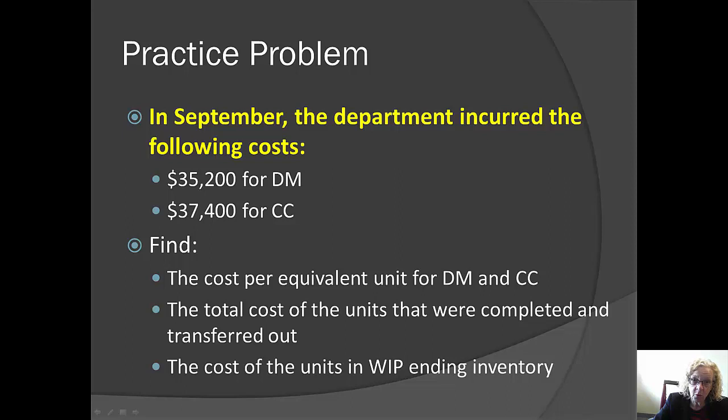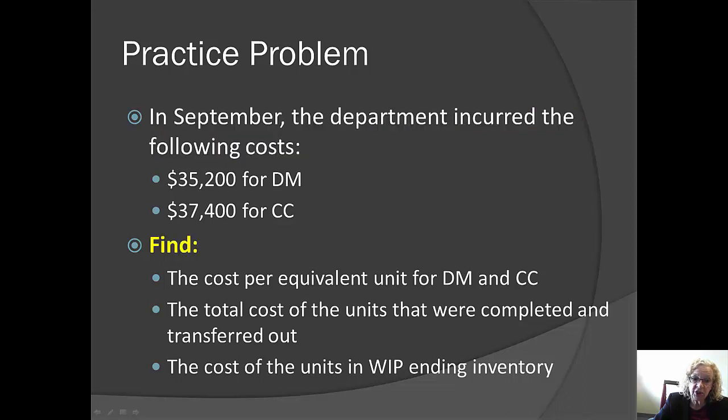Now, we need some more information to go on to the next step. We're told that during the period, the firm added $35,200 of materials and $37,400 of conversion costs.